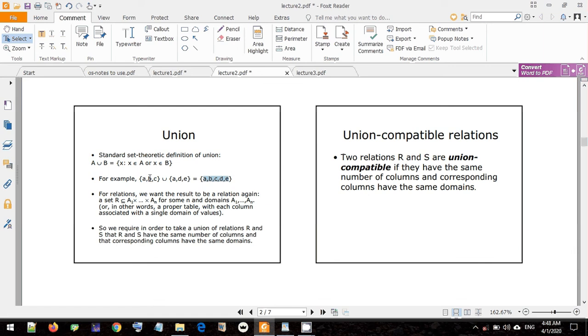A is present in the first set, A is present in the second set, but we'll write it only once. There's B here, there's C here, it is not there, we'll put it. There's D, there's E, we'll add them in the final set. This gives us A union B.